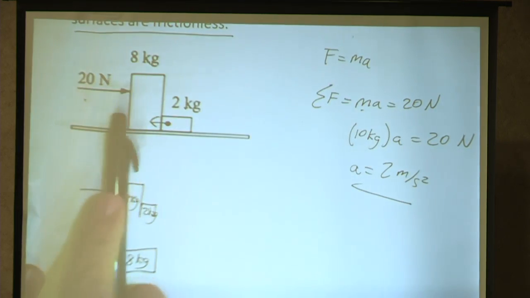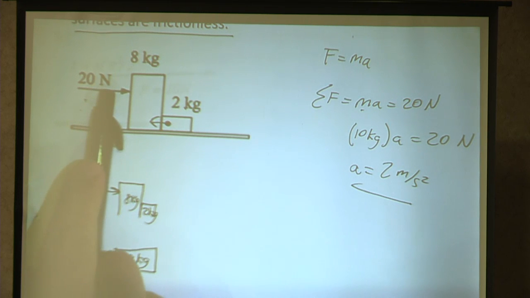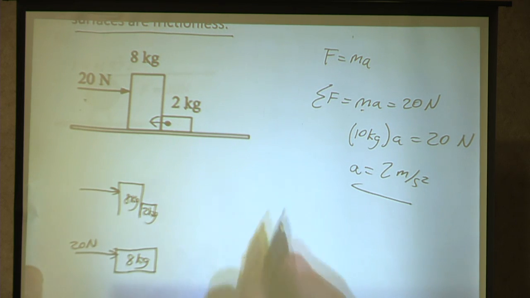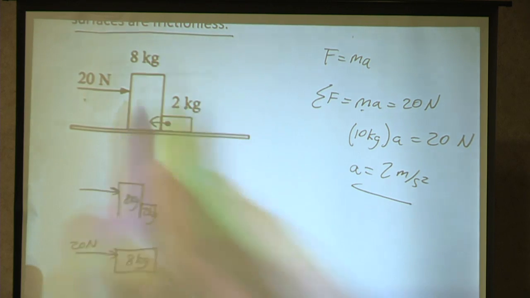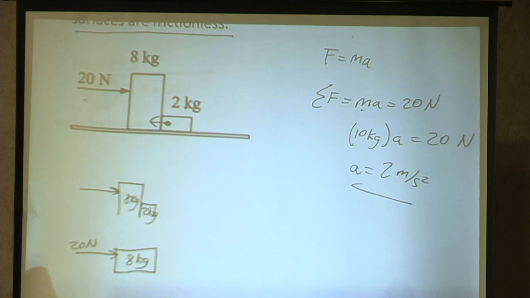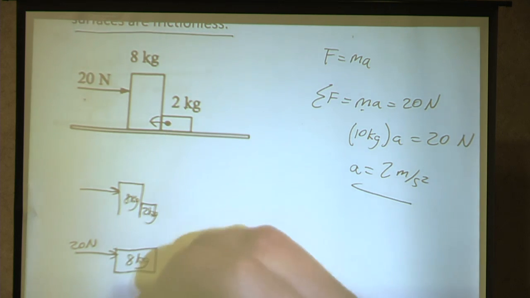That's based on that initial force from up here. But what we also have, and what the problem is asking about, is this small force from the 2 kilogram block onto that 8 kilogram block. When you have Newton's third law, you have a force, you have an equal and opposite reaction. Some poor phrasing, but something like that.